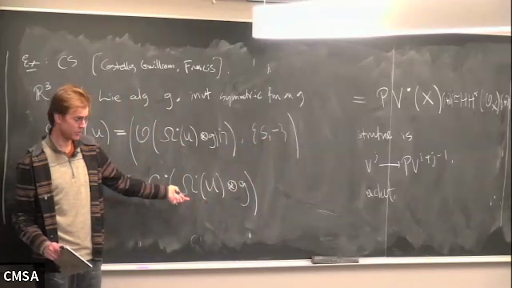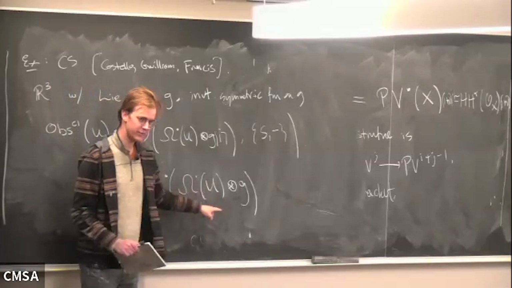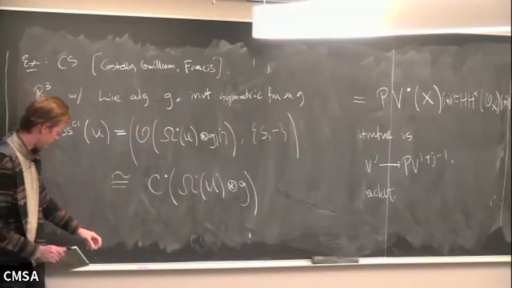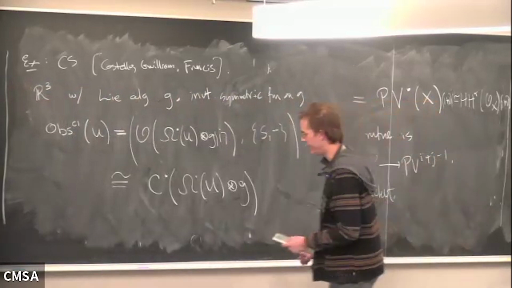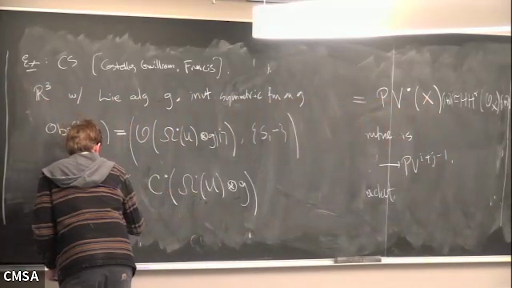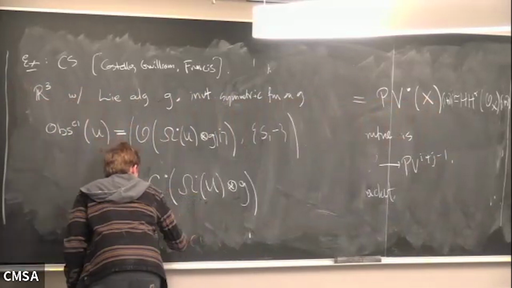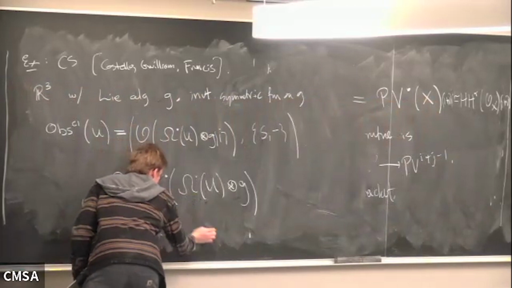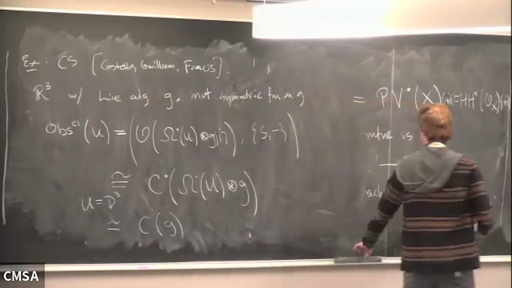So this is really the Chevalley-Eilenberg model for Lie algebra cohomology of this DG Lie algebra. That's what pops out of classical observables. So in particular, when U is just a small disk, this thing is quasi-isomorphic by the Poincaré lemma to the Lie algebra cohomology just of G. Or really, it's the Chevalley-Eilenberg complex.